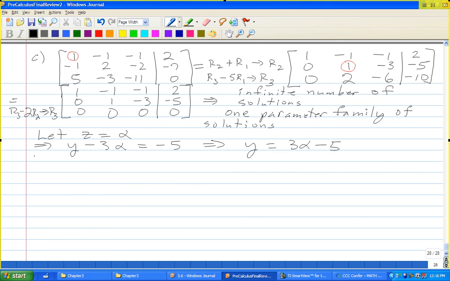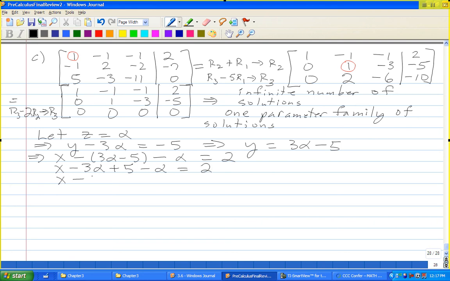From the first equation, I get x minus y minus z is equal to 2. So you get x minus 3 alpha plus 5 minus alpha equals 2.